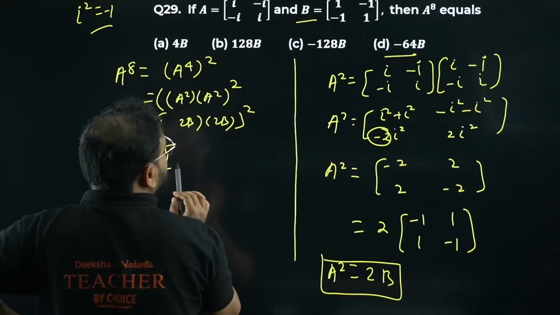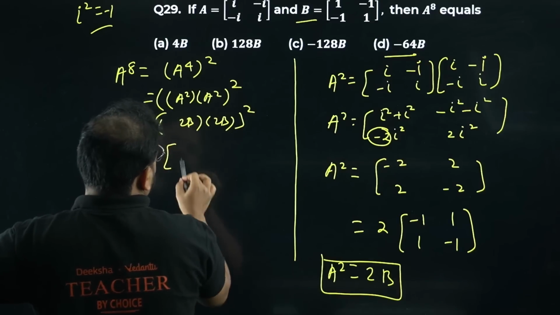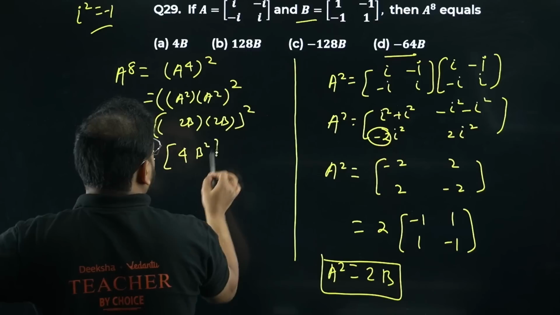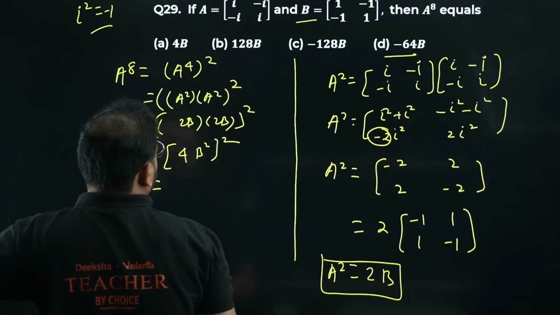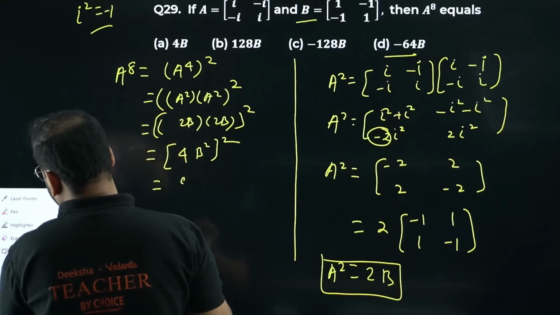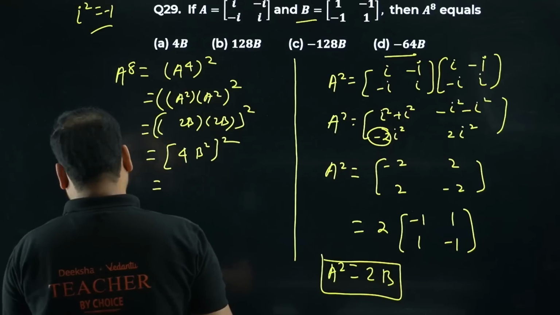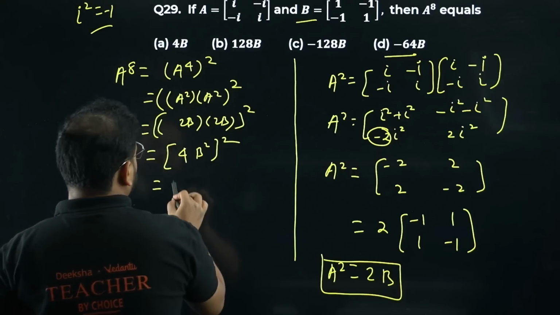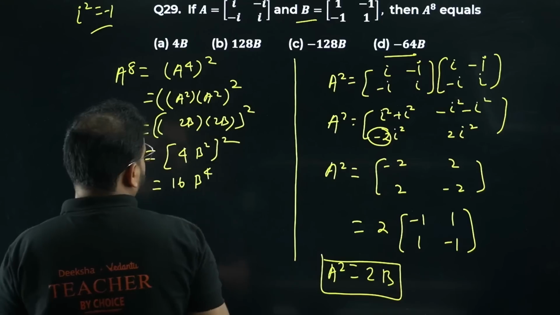So you'll have this value as 4B square, the whole square. I get this as 4 squared, which is 16, so 16 B power 4.